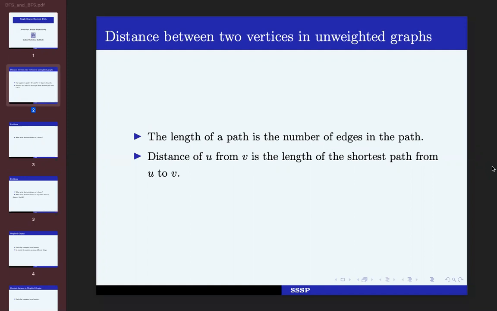This is the distance in an unweighted graph. Once I have to find the distance between these two, how can we come up with an algorithm for that?